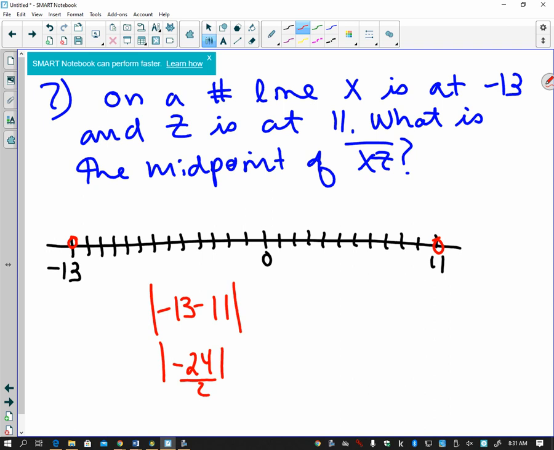Couldn't be 12. 12 would be over here, right? How can that be the midpoint? Negative 24 would be your... so the halfway point between negative 13 and 11 is a value clear off over here. How do you find the midpoint on a number line?